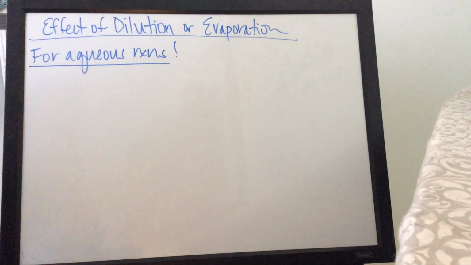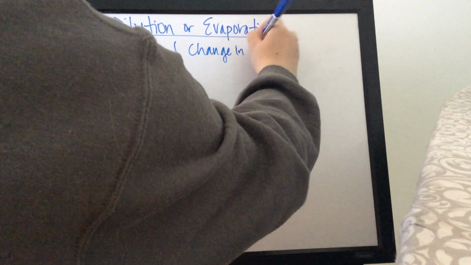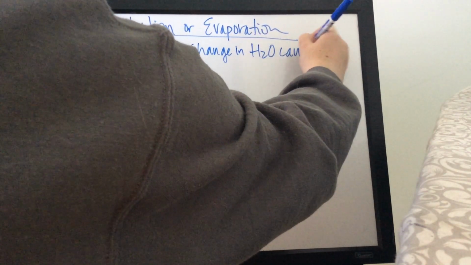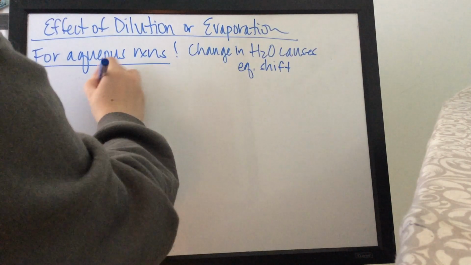reactions. Okay, so whether we dilute something or whether we let water evaporate, if it's an aqueous reaction, that change in H2O can cause a shift in the equilibrium. So we'll write that change in H2O causes equilibrium shift. Okay, so here's my example.